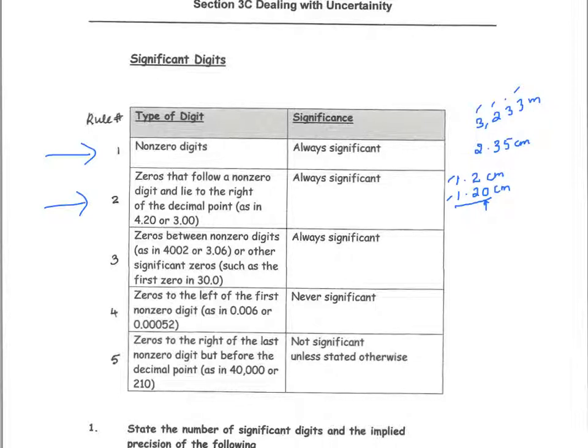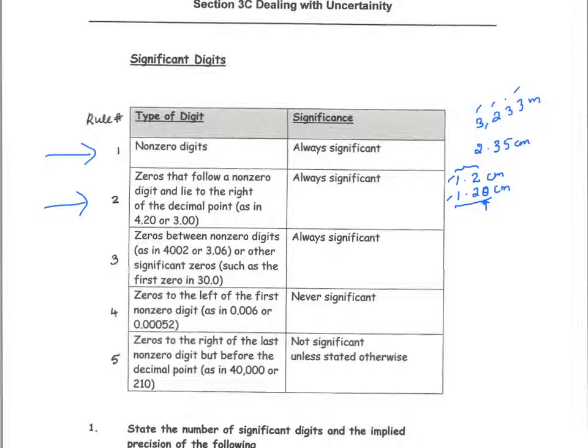And even if the value of 1.2 is the same as 1.20, in science, knowing that a measurement is precise up to the second decimal place is very important. So the 0 here is for a reason, and therefore it is significant.